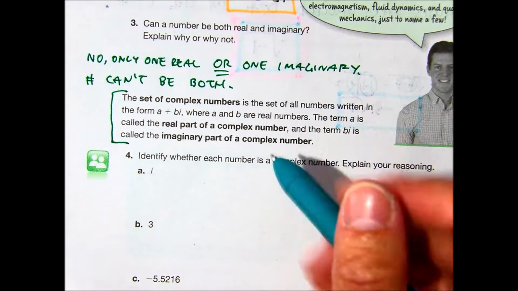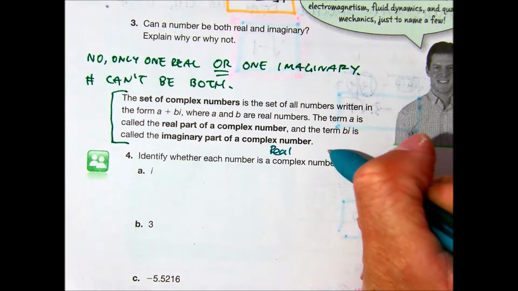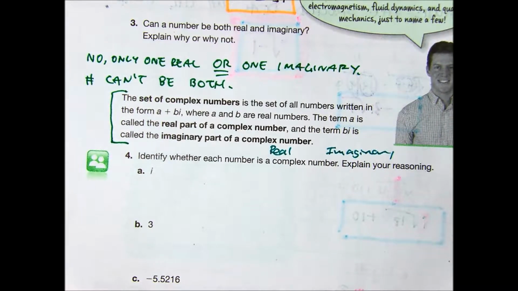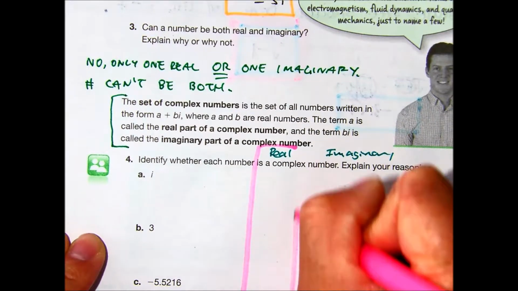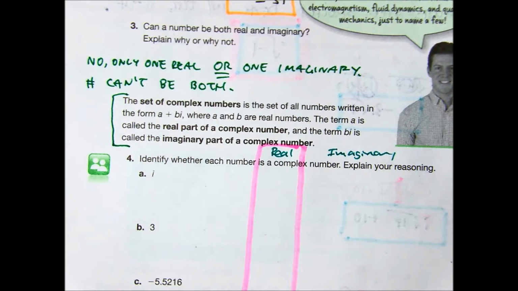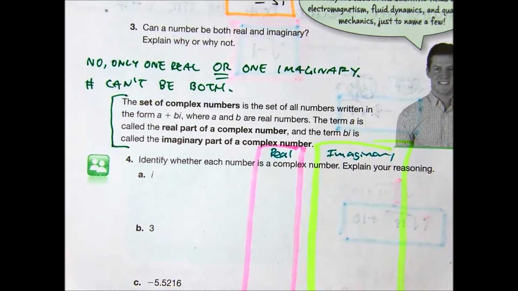So, I'm going to summarize the real and the imaginary. We're going to color code this so you can kind of see it. This whole column will be the reals, and then this whole column will be the imaginary. I'll do 2 examples, and then you guys will do the others.